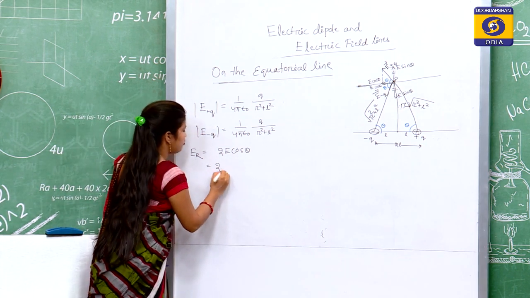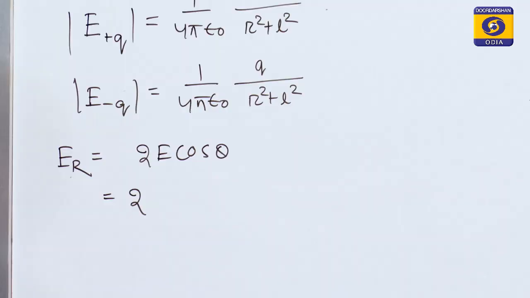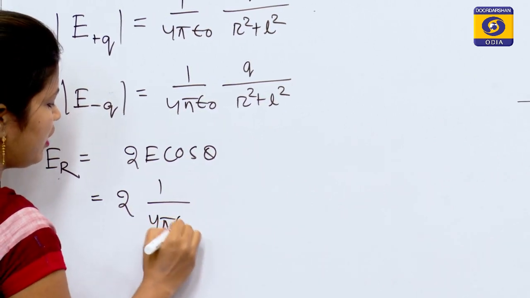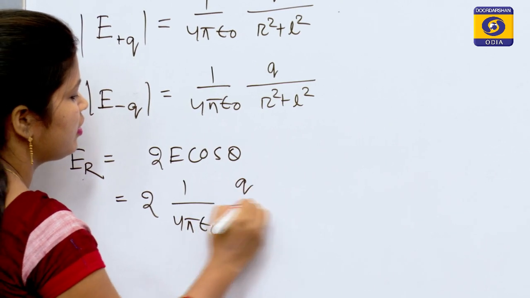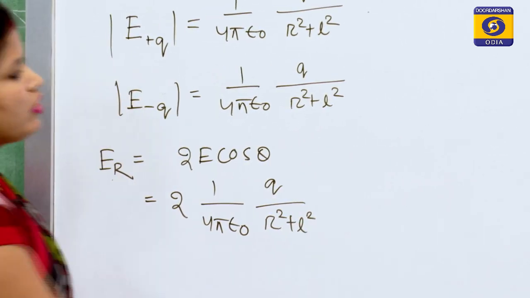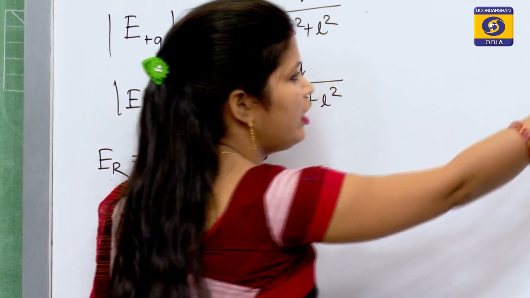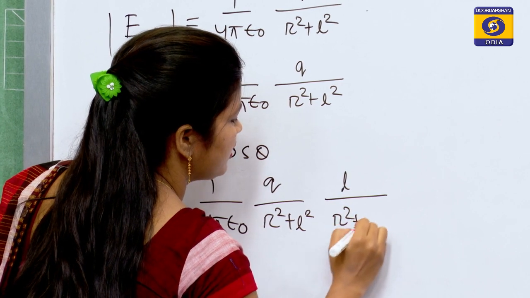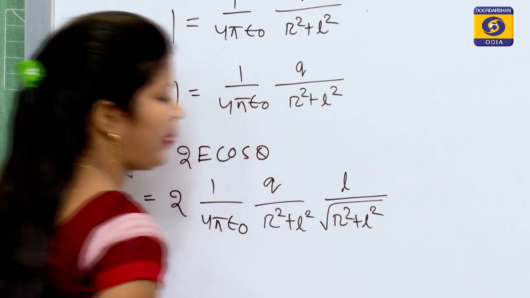So, putting the value of E and cos theta here, we will get 1 upon 4 pi epsilon naught, q upon r square plus L square, and cos theta is L upon square root of r square plus L square.